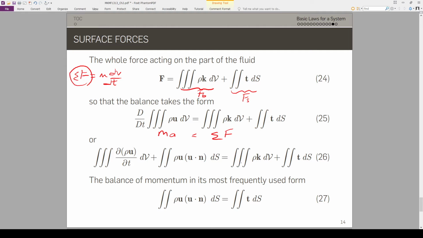Then this is equivalent to the contribution from the body force and surface forces.